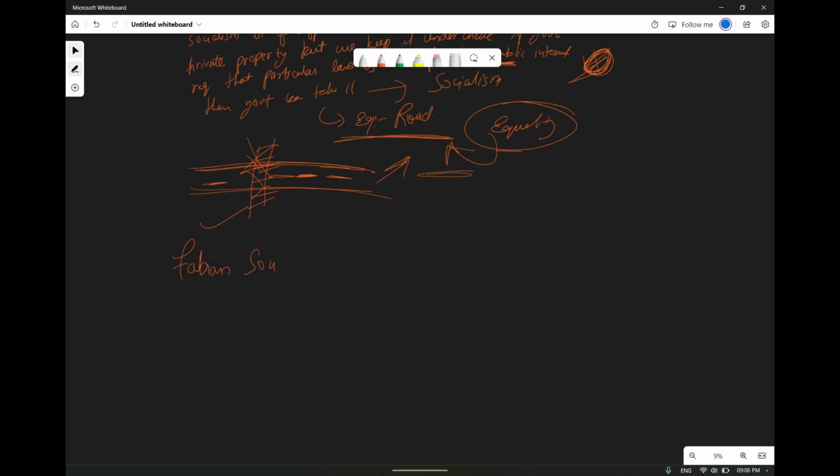Okay, so in our socialism, there is a concept called Fabian Socialism. This term was given by the Fabian School of Thought in the UK.